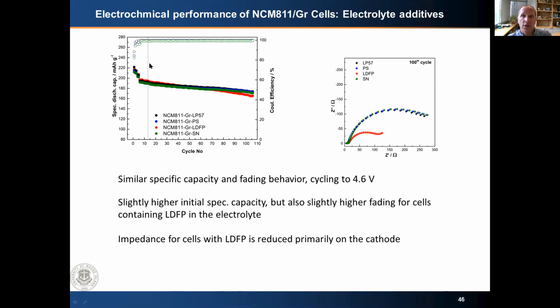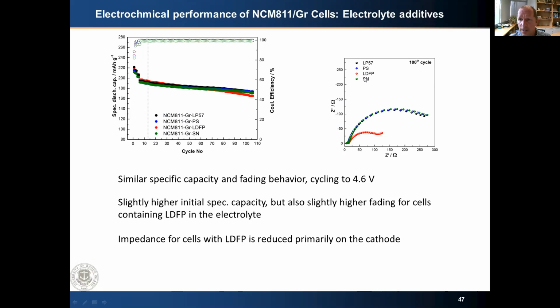And if we look at the electrochemical performance of the NMC811 graphite cells as a function of the electrolyte additive, we look at the standard electrolyte formulation, LP57, compared to the electrolyte formulation with propane sultone or lithium difluorophosphate or succinonitrile. We see fairly similar capacity retention for all of these cells.